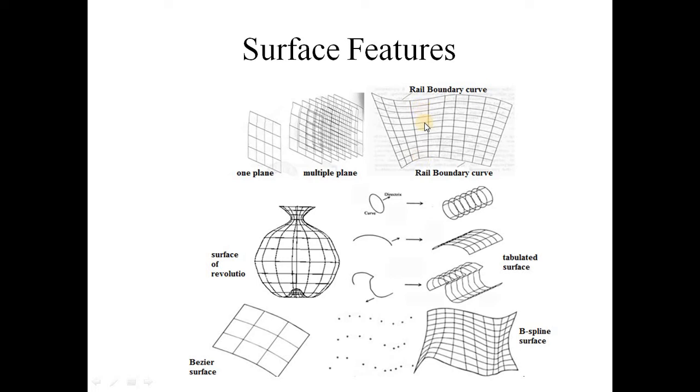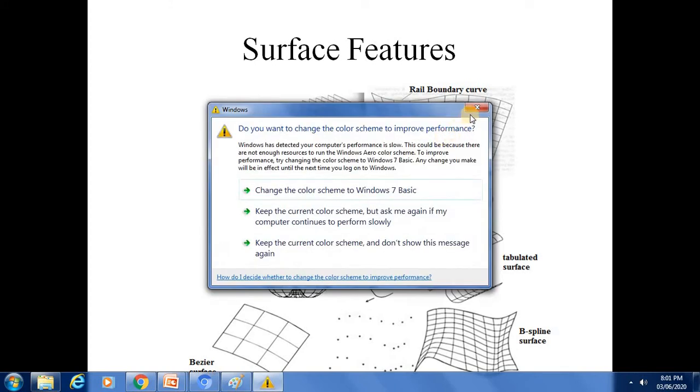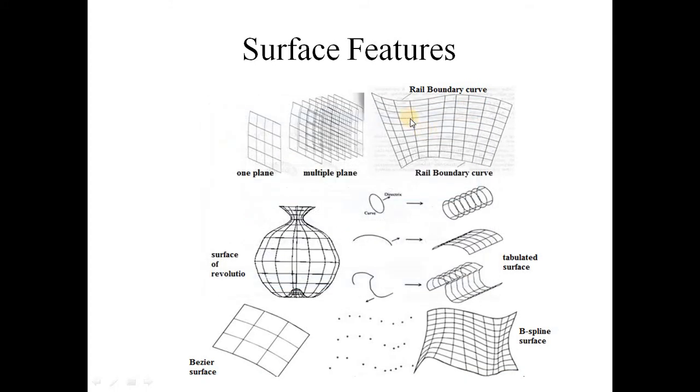So this is a linear interpolation. Now you will not find any unplaned surface in this ruled surface. There is no depression, no protrusion. It's a plane surface. There is no depression at any point in this surface.